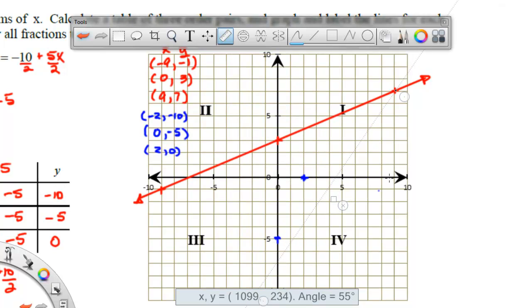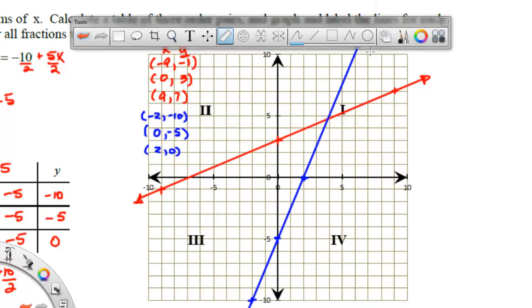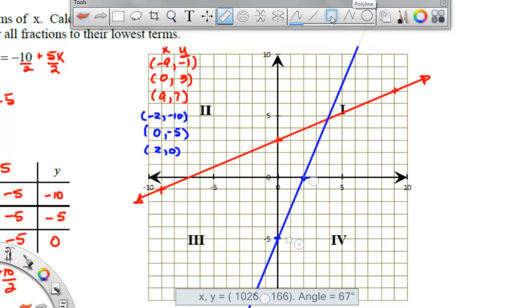I can't see that. Well, I guess I can't see that point down there, so I can't use it. Let's just use these two. So I start there. So there's line B right there.